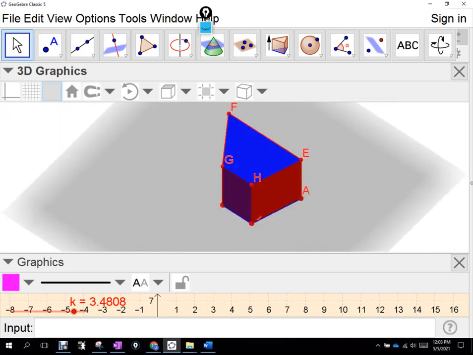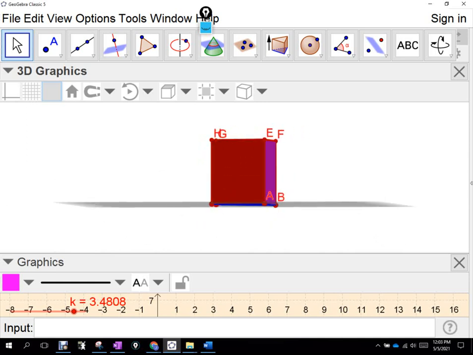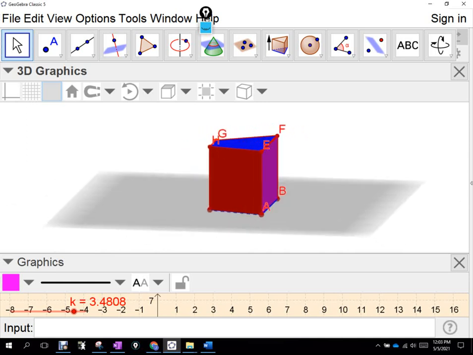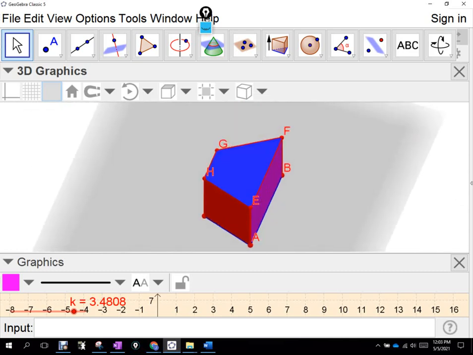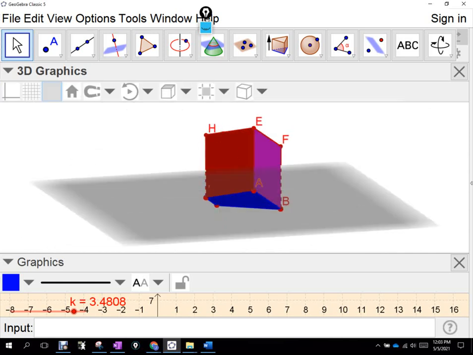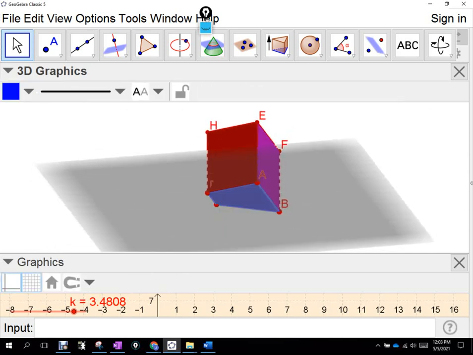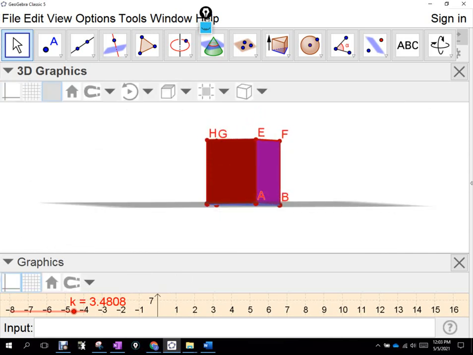They are parallel, but why are they not considered bases? They're not the same shape. They're both rectangles, but they're not congruent rectangles. Does that make sense, everybody? So that blue one and that blue one are our bases.